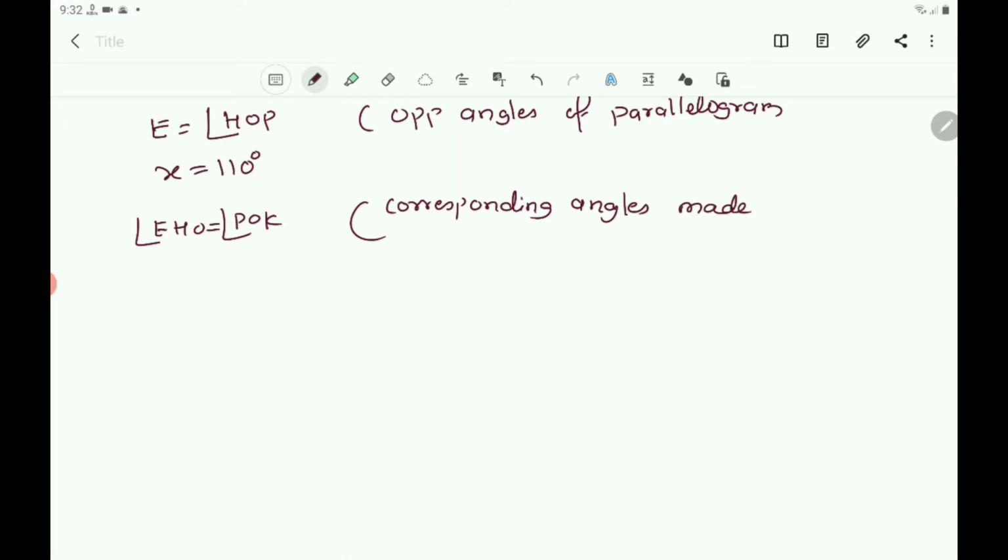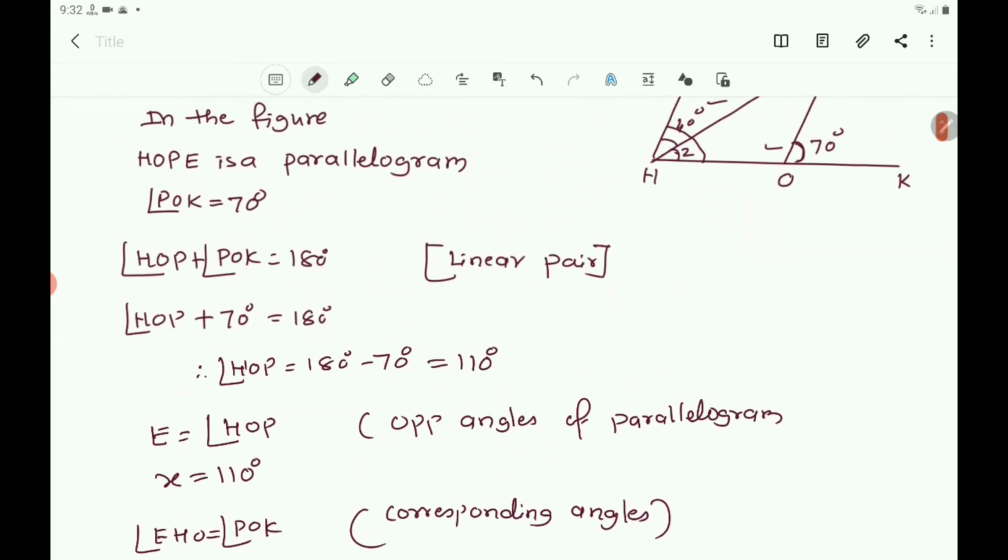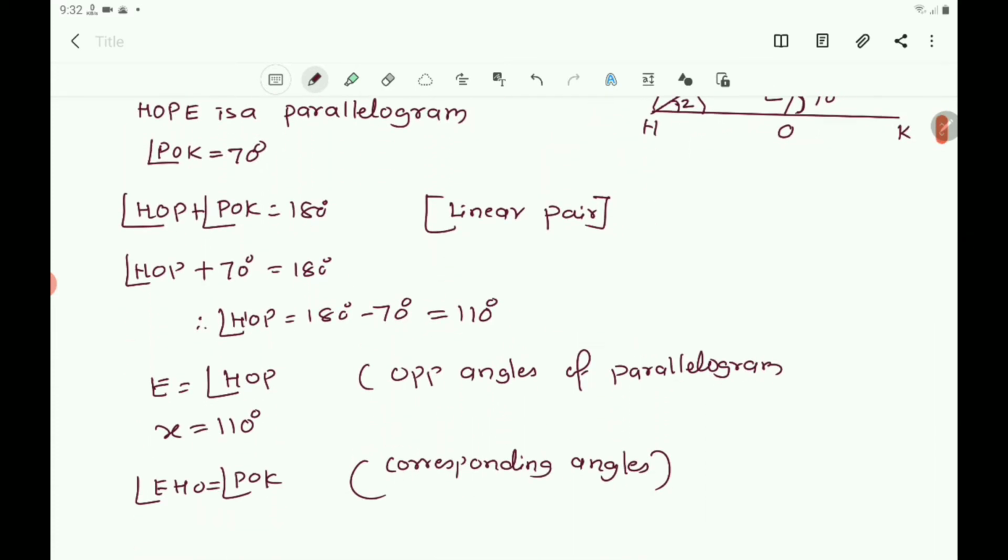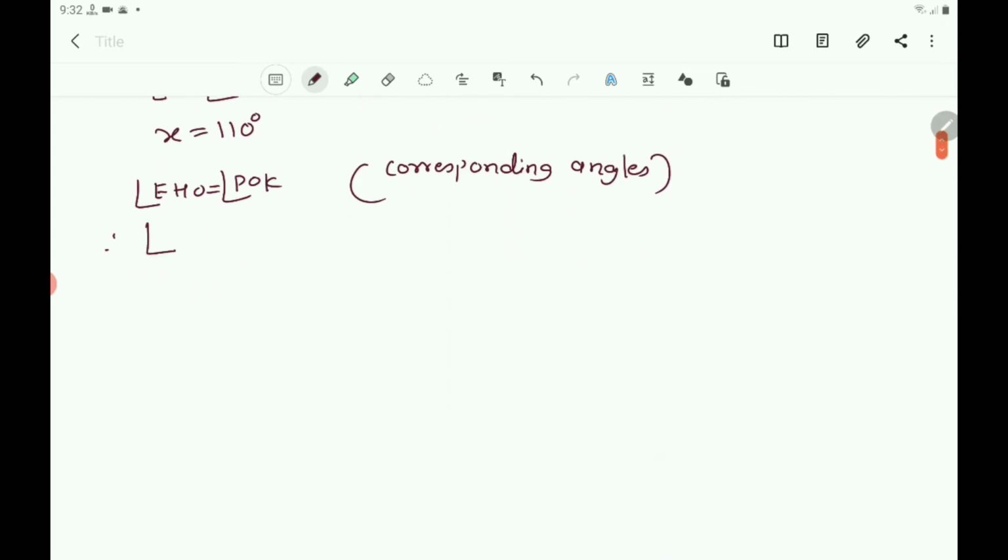So write that much only. They are the corresponding angles made by the transversal of parallel lines here. Therefore you can write angle EHO is equal to 70 degrees. Here POK is 70, which means EHO must be 70 degrees.